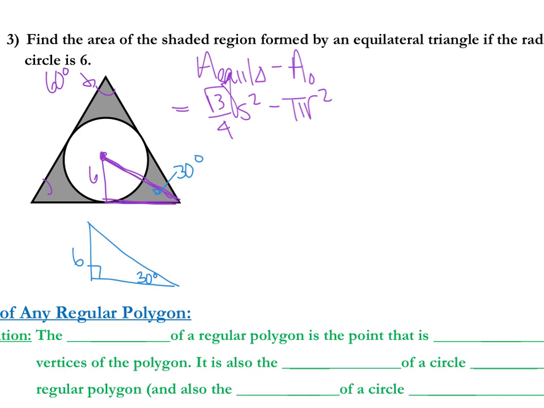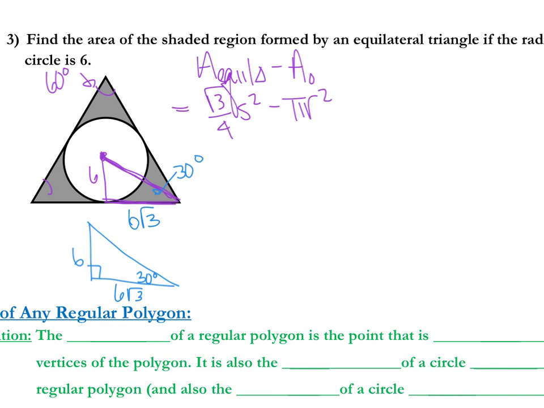The whole point of doing this is we need to find the length of the big triangle on the outside. Since it's across from the 30-degree angle, to get to one side, this is 6 root 3. Now you have to be really careful because 6 root 3 only explains this portion of the side.